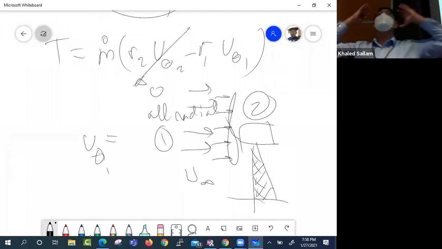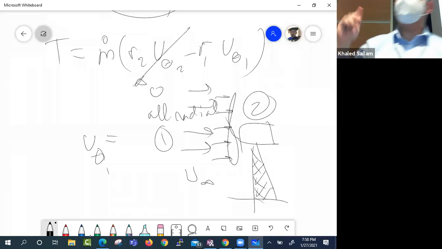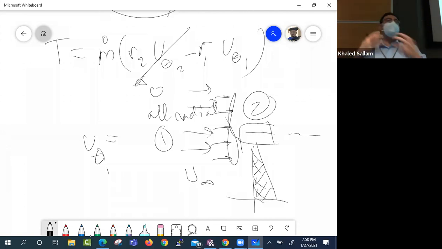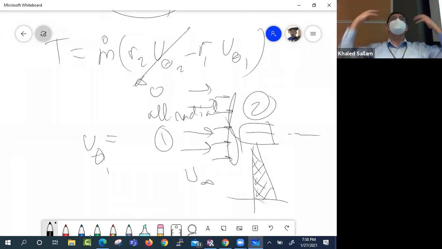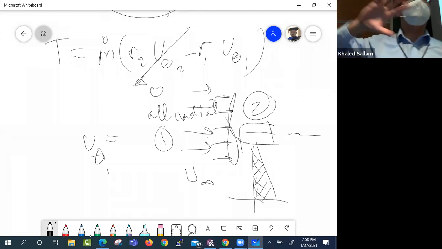Wind is coming toward you. V absolute is all axial, because that's the x-axis of the machine. Imagine you are sitting on a turbine and the wind is coming toward you. Does it have a tangential component at the inlet to the rotor? No. Why would it? It's not going to come like this.